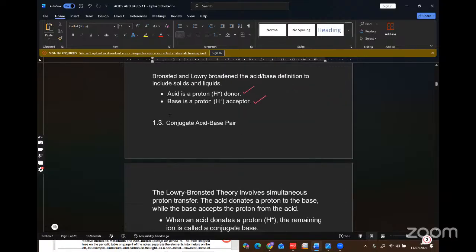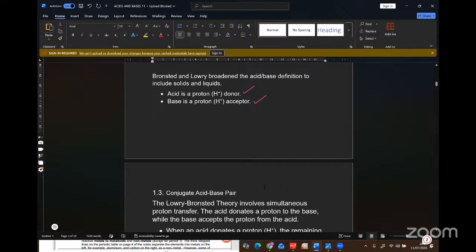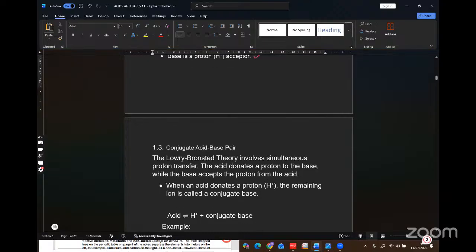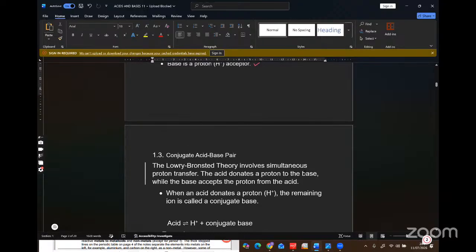Now, most of the questions that come with this are usually based on what we call conjugate acid-base pairs. According to the Bronsted-Lowry theory, an acid-base reaction normally involves a simultaneous donation of a proton. In other words, a substance donates a proton and another one accepts it.